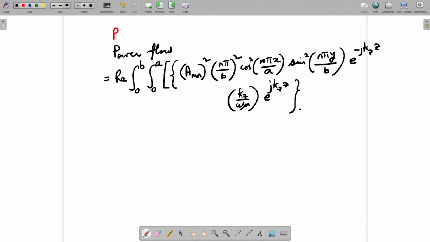This is because of the star operation. So, therefore, it changes sign from e to the power minus j k z z to e to the power plus j k z z.